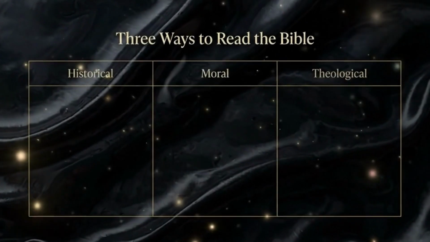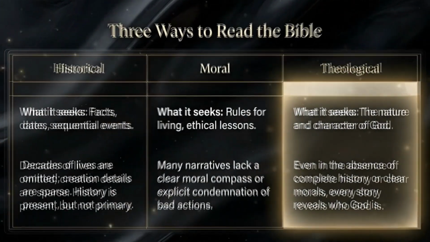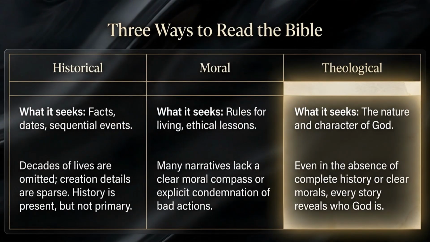To make this practical, let's break down three distinct lenses or angles people use when opening up Scripture: historical, moral, and theological. So the historical lens seeks raw facts, dates, and sequential timelines. That's what we were talking about just a minute ago. Is there history in Genesis? Absolutely there is.